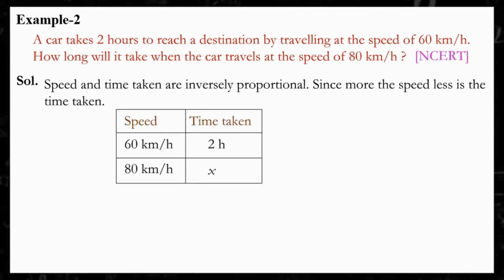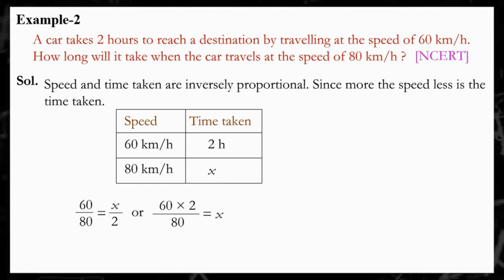Speed, time taken: 60 km per hour, 2 hours; 80 km per hour, x. 60 upon 80 is equal to x upon 2, or 60 into 2 upon 80 is equal to x. So x is equal to 1.5 hours.